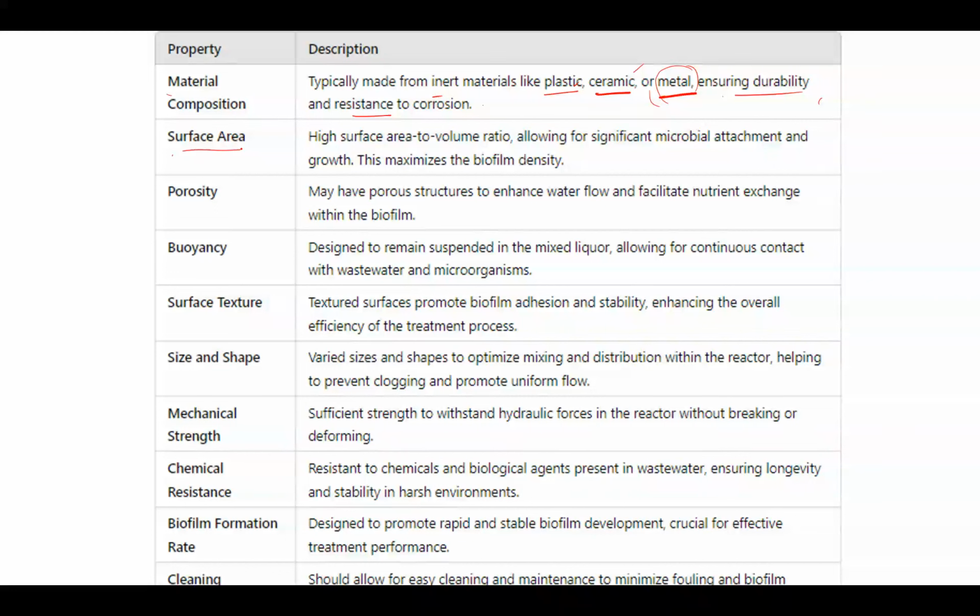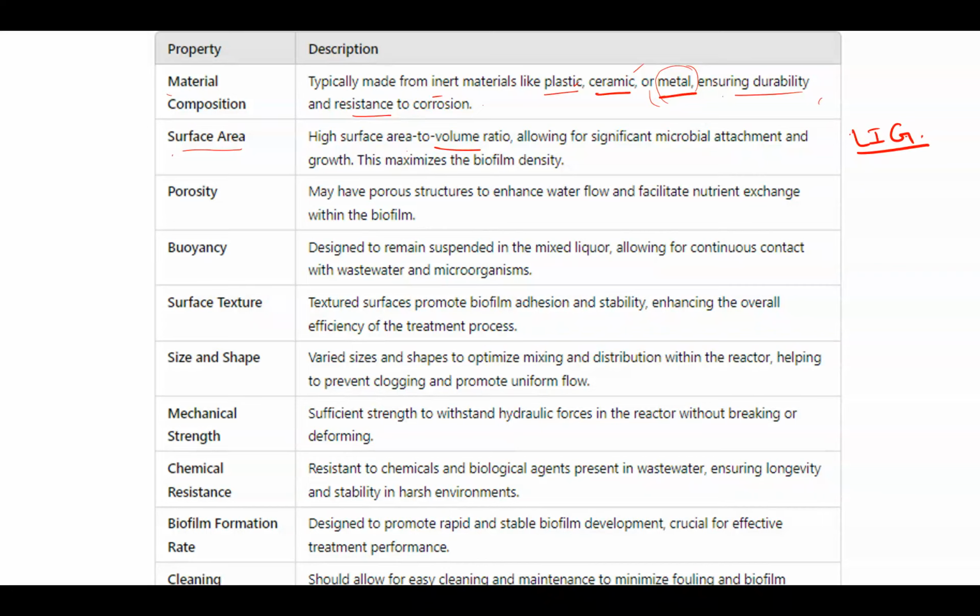Then surface area: a high surface area to volume ratio is needed, because if it has a very large surface area, it will allow the microorganisms to attach and grow. For example, I don't know whether you have heard of LIG, laser induced graphene.